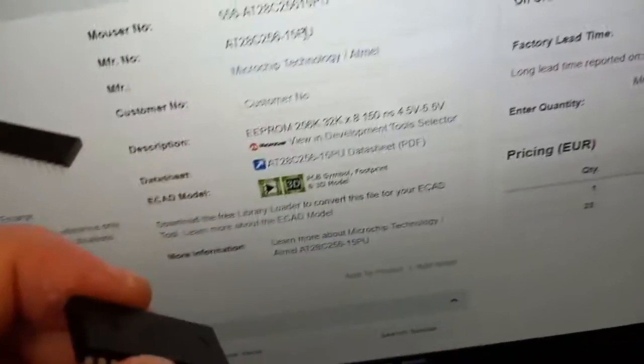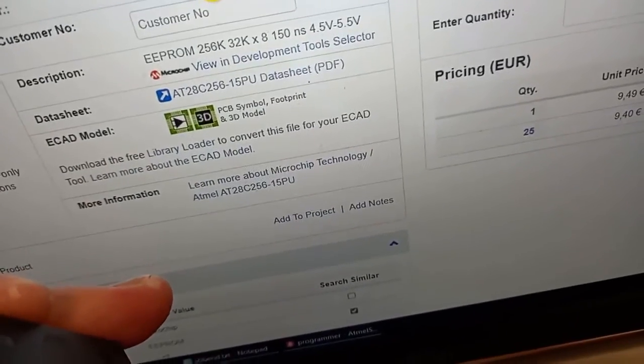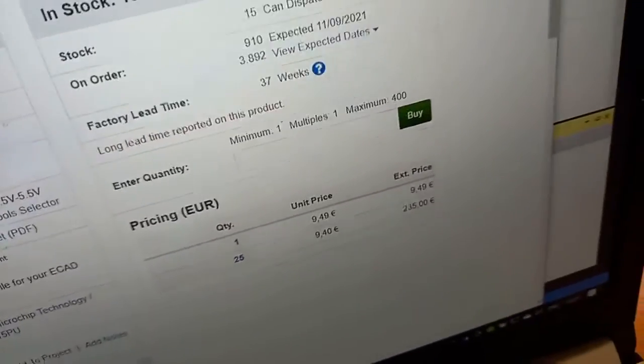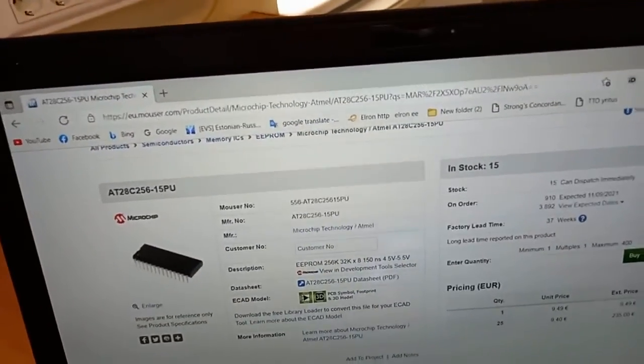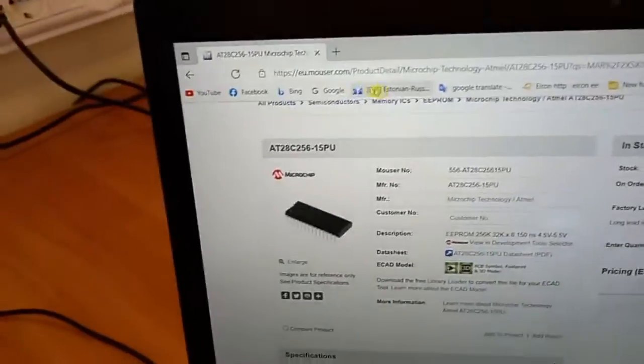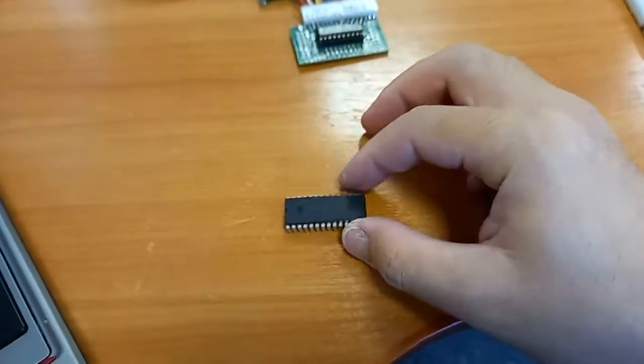It comes with different packages, and this is the one that we want, with the legs. So we buy this one for almost 10 euros, and maybe we have to pay for shipping, then we get it in the package. And what we have inside is the number FF everywhere.